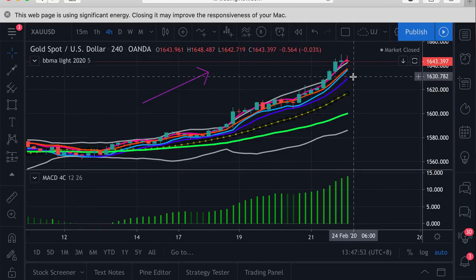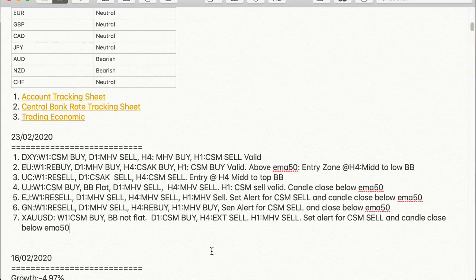Okay, so that's it for this week. Let's do a recap before we end. DXY is a sell, overall sell, but we do not sell the index. We use it as sell guidance for us. EURUSD is buy. USDCAD is sell. USDJPY is sell.